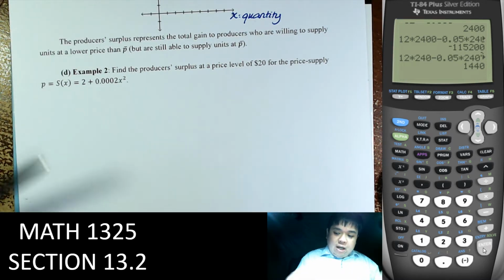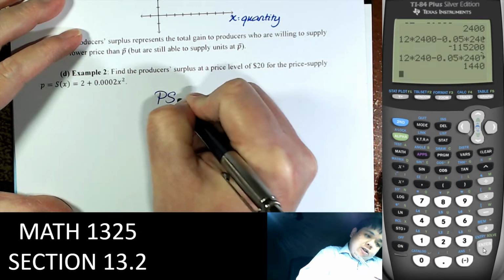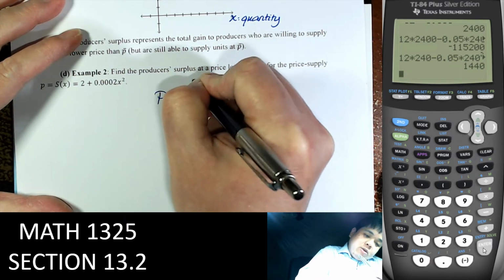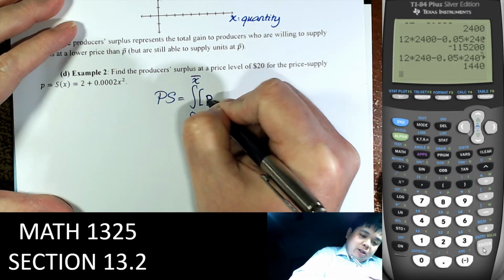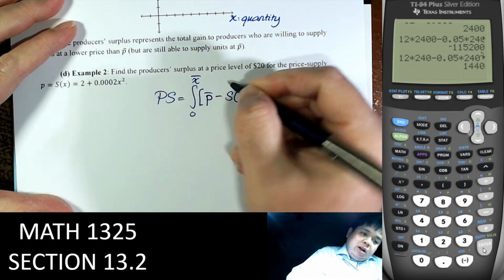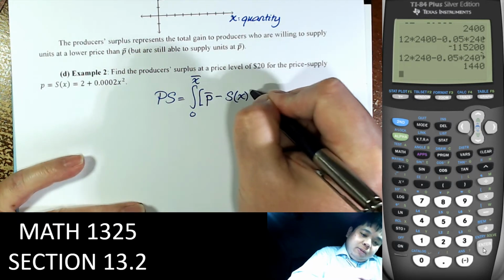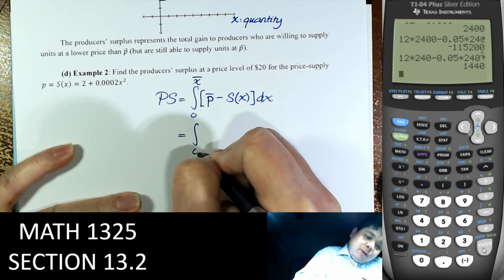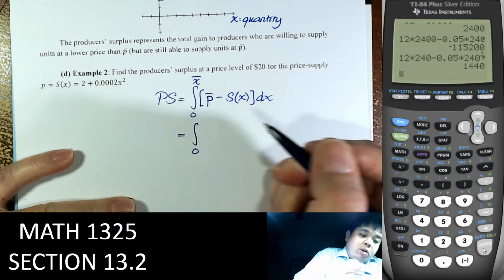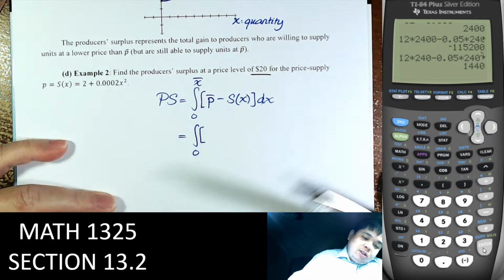Now, let's look at this example. The producer surplus is equal to the integral from 0 to X bar of P bar minus the price supply function. Once again, we don't know the X bar, we know the price is $20.